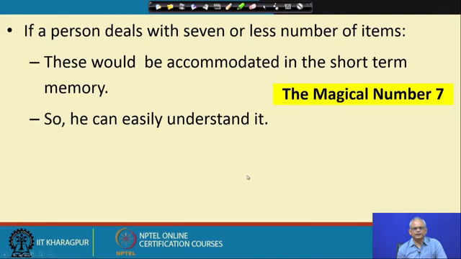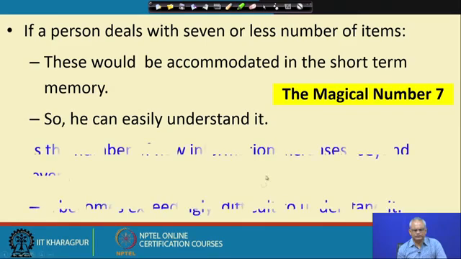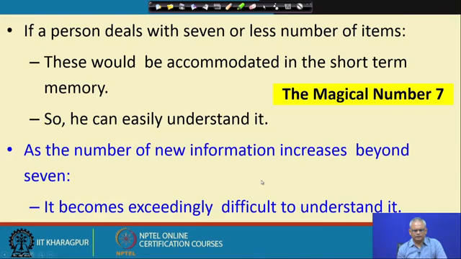But let us say you met 10,000 people for 10 minutes, hardly will you remember anybody. That is because the short term memory capability is restricted to 7. So, if the information has more than 7 items, it becomes exceedingly difficult to understand and to remember.